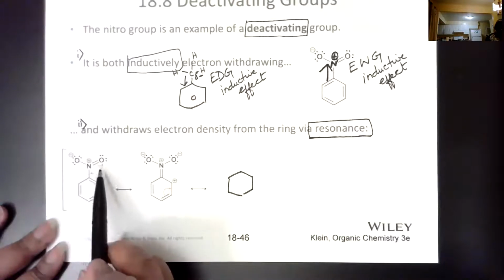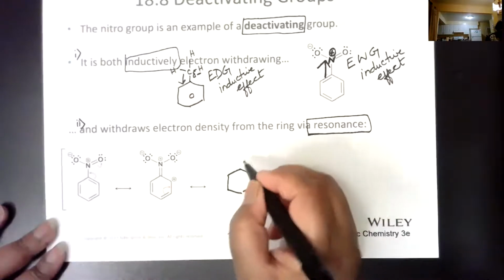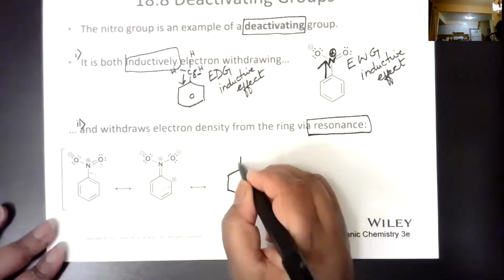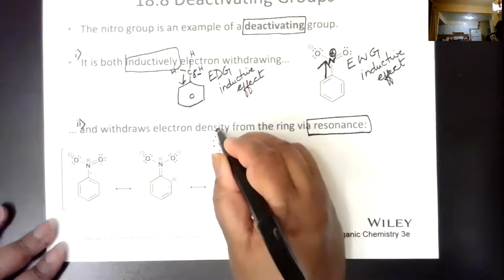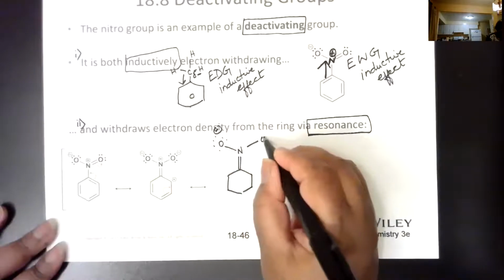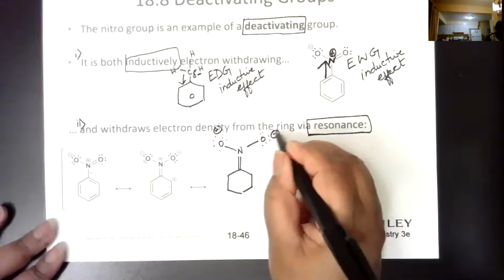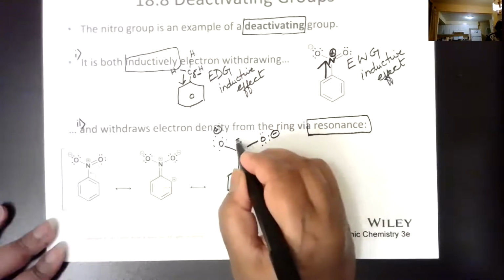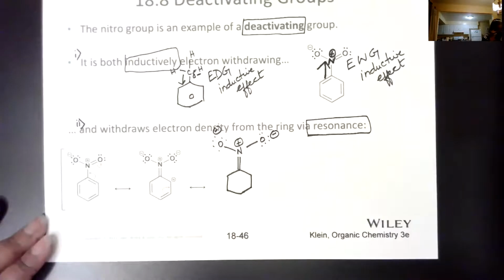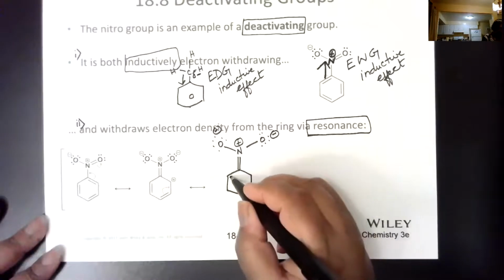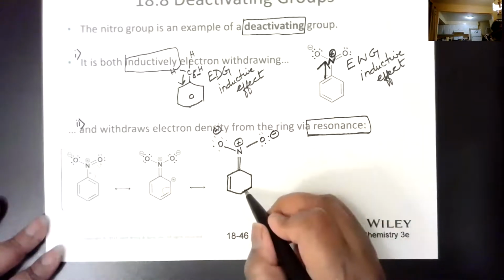This moves, and then you have a negative on the second oxygen as well. And if you're drawing resonance structures, yes, you have to show all the correct Lewis charges for the whole molecule or ion.